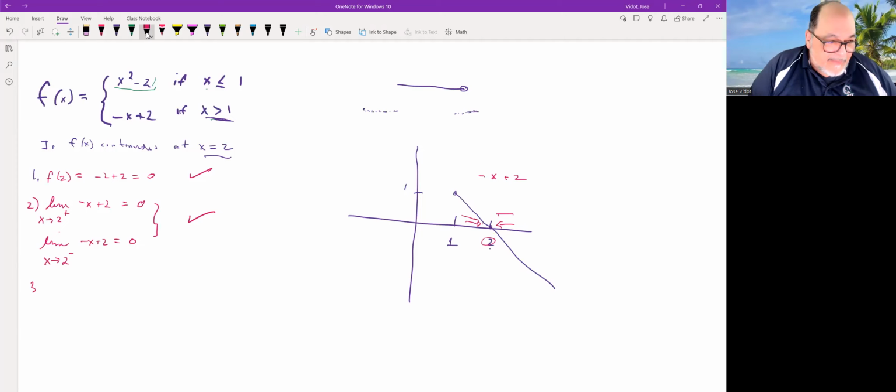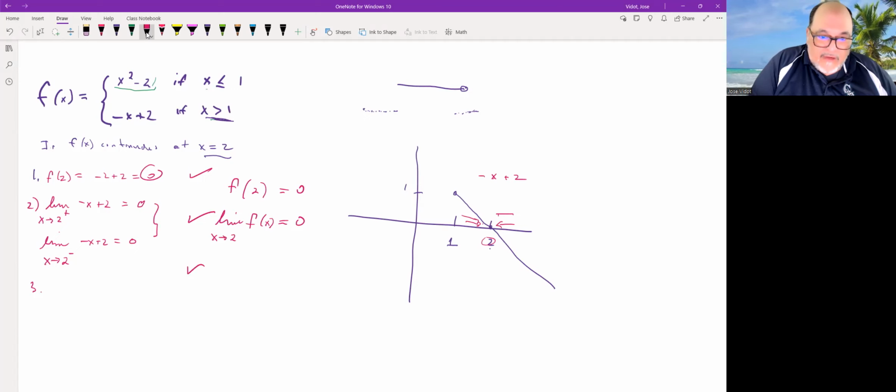Now the third step is, is this equal to this? Well, we know that the limit as x approaches 2 of f of x is equal to 0. And we know that f of 2 is equal to 0. Therefore, step 3 is also met, because these two are equal.